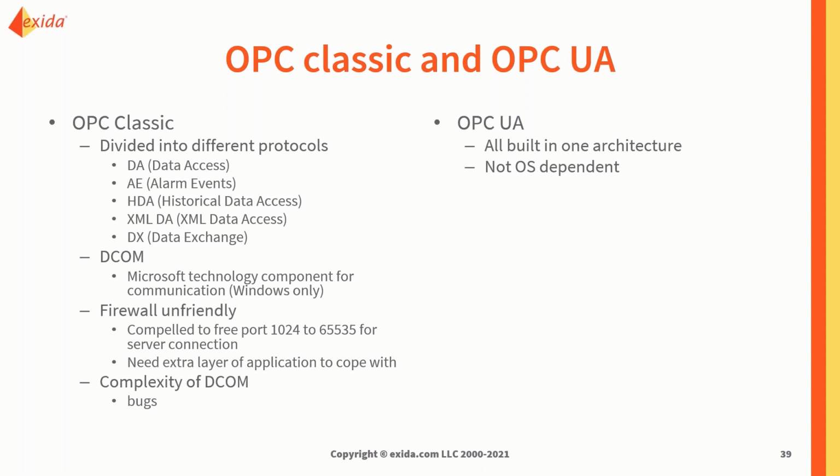And because OPC UA doesn't really use DCOM, it doesn't have that kind of problem with the bugs related to DCOM. That's why we always need to push for OPC UA because of that.